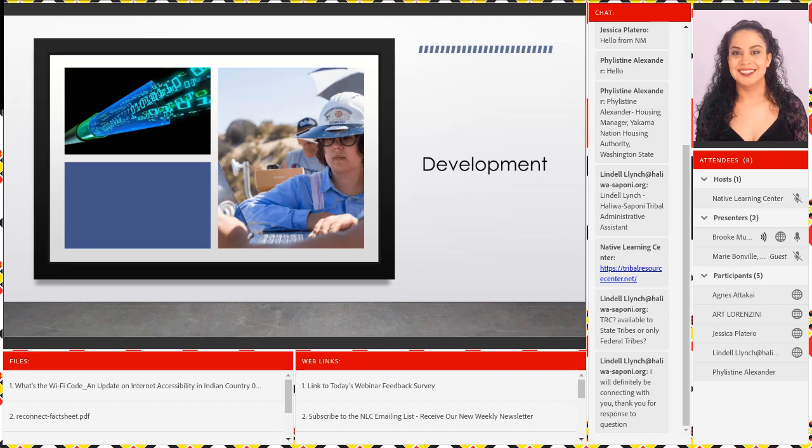Now they quadrupled it, to 100 megabits download. So with the properties that are already on the reservations, chances are they're not meeting that expectation, which means those properties are now underserved, which opens the gates towards funding to those properties.